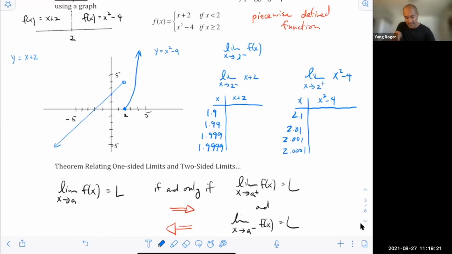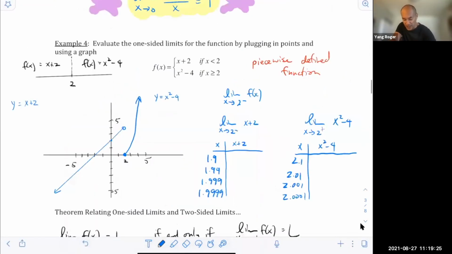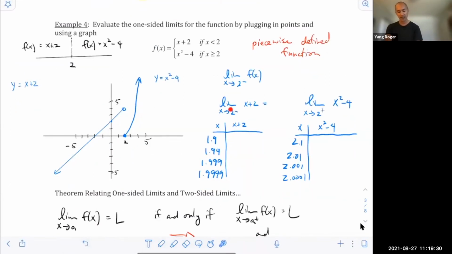Let's pretend that we did that. If we pretended that we did that for both cases, what do you think the limit as we come from the negative side would be? What is this expression going to be? What do you think? Just type the answer in the chat box. Going this way.